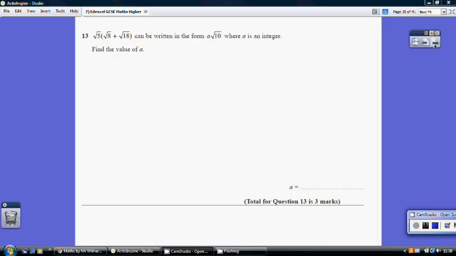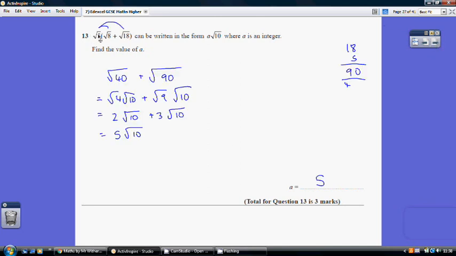Question 13. So kick off by multiplying out the bracket. Root 5 times root 8 is root 40, and root 5 times root 18 is root 90. Now we're trying to have a root 10 wherever we can, so let's simplify root 40 to being root 4 times root 10, and simplify root 90 to being root 9 times root 10.